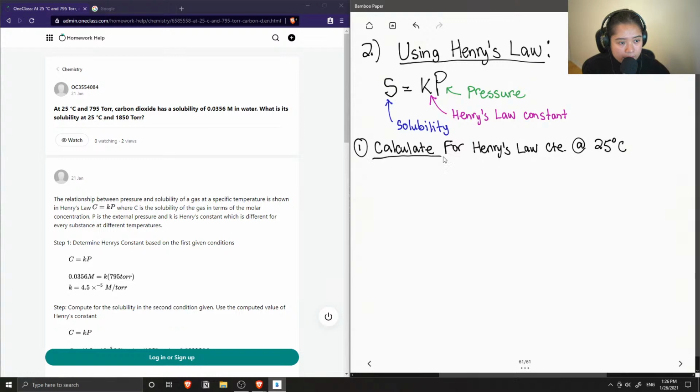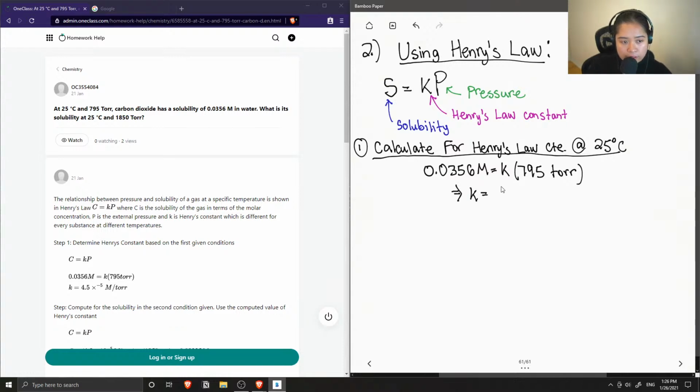Given in the question, we know that the solubility was 0.0356 moles per liter, and we're trying to solve for K. And it has this solubility at 795 torr. So now we just have to solve for K.